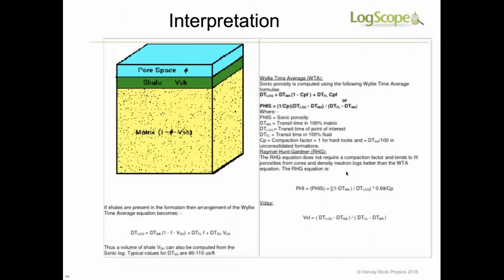The Raymer-Hunt-Gardner equation takes into account the compaction factor, but in all cases, vigilance is required to make sure that you have the matrix value and the fluid value set correctly before you calculate the sonic porosity.